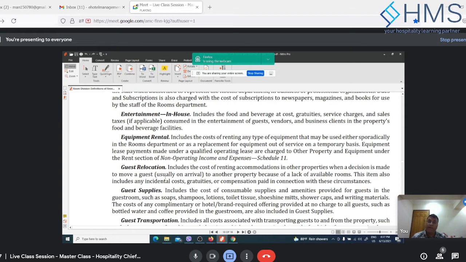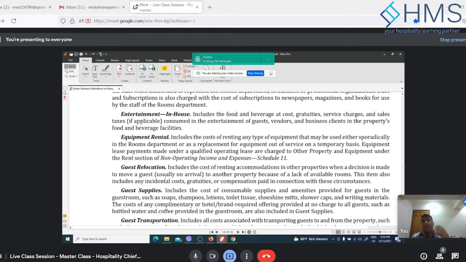Let's say the property has not invested in vacuum cleaners, so vacuum cleaners are rented. If a few vacuum cleaners are damaged in a month and you are just renting them for a month only, or because of high occupancy or because of damage, then the cost will go here.